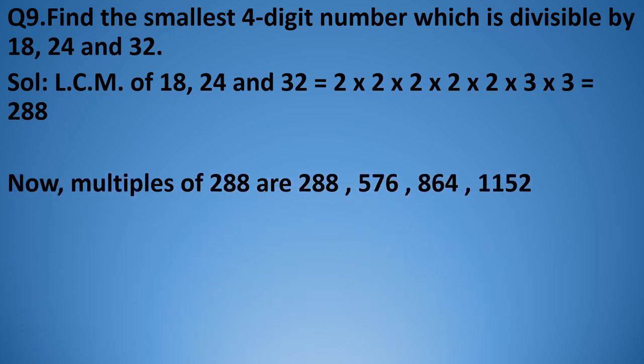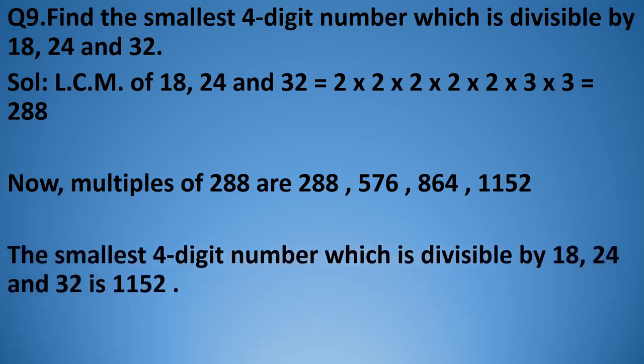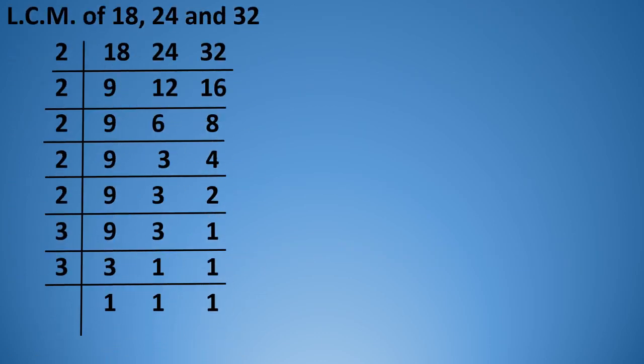You have to find the smallest 4-digit number, and 288 is a 3-digit number. Find all the multiples of 288, and whenever your 4-digit number starts, that is the smallest 4-digit number, which is 1152. See, this is how to find the LCM of 18, 24 and 32.